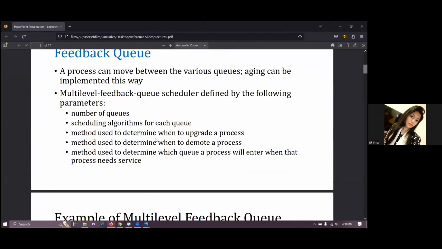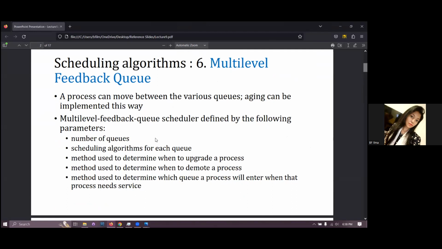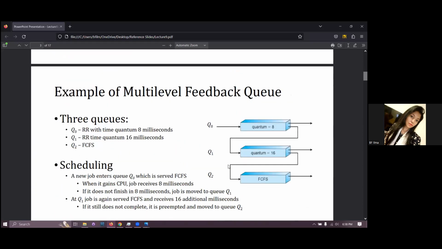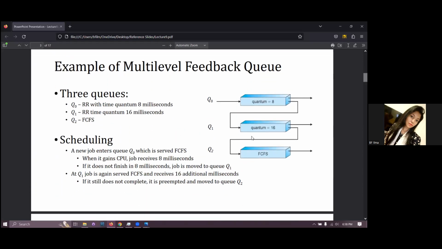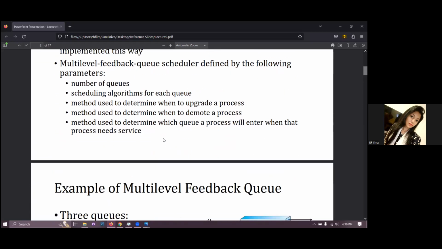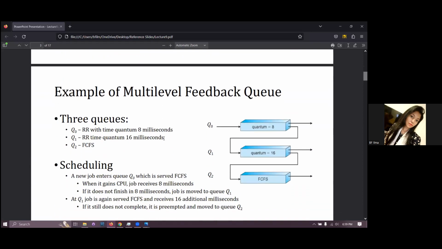The other one is the multi-level feedback queue. This is similar to the multi-level queue that we discussed earlier. However, here the processes can move between queues. Why is this implemented? To implement aging. Aging is a technique that we use to prevent starvation.